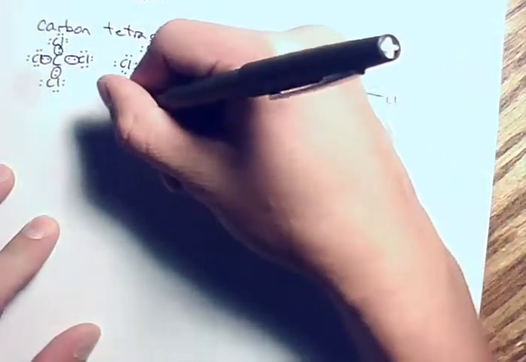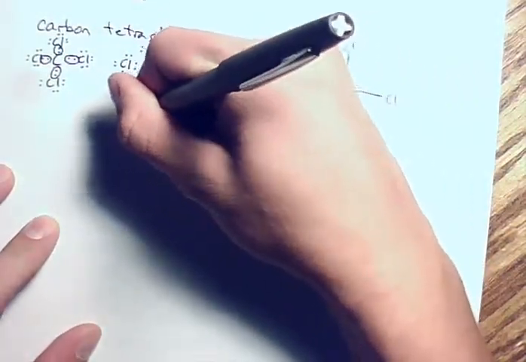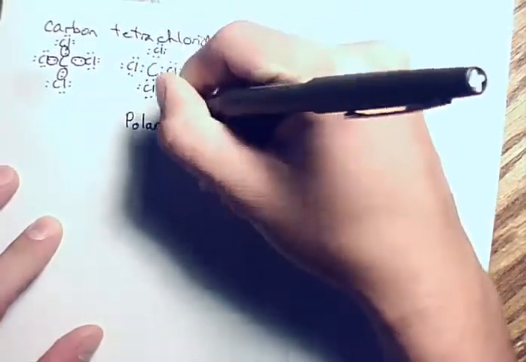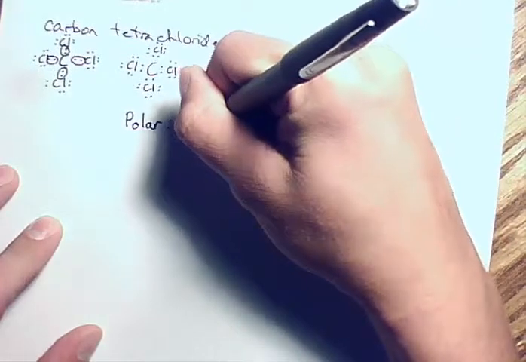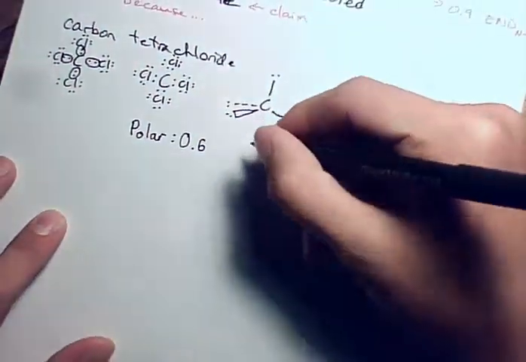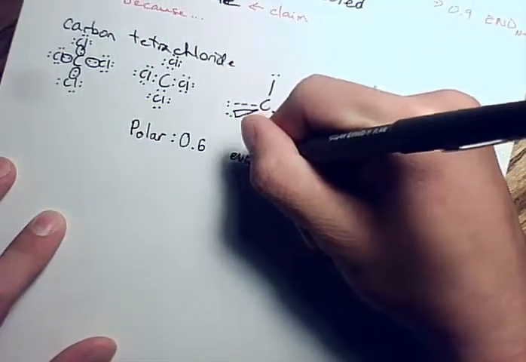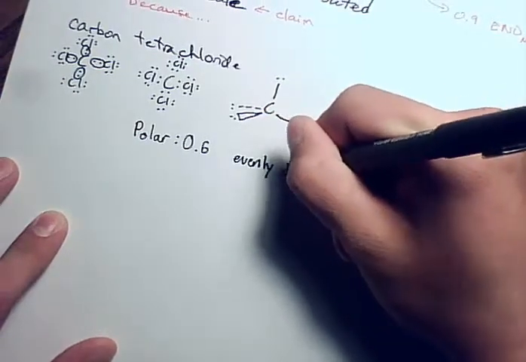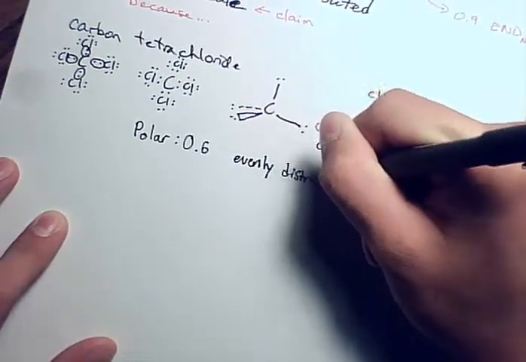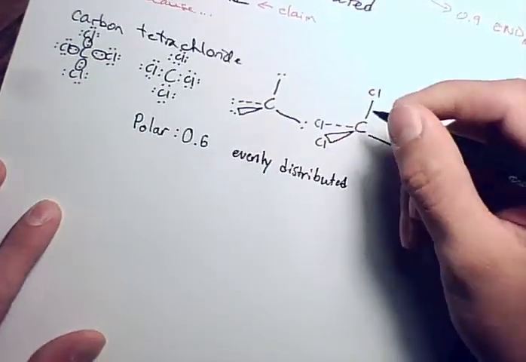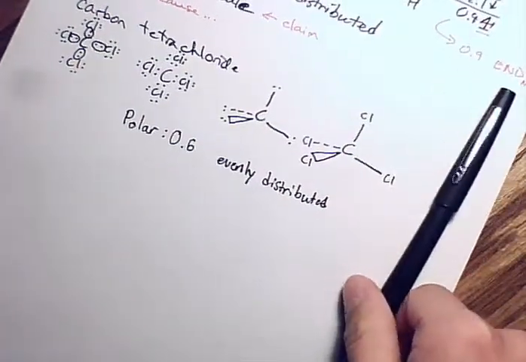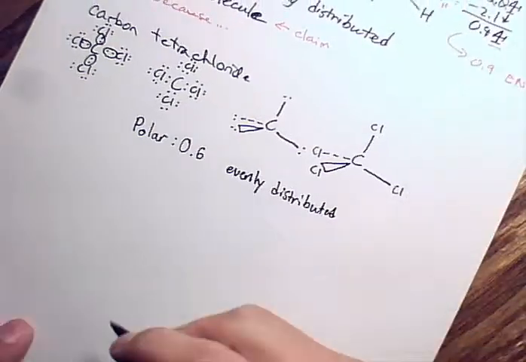Now we've got to figure out what your shape, what your claim and justification is. So there's no modified electron pair shape here because there were no lone pairs on that carbon. The carbon had no lone pairs. So you're saying these bonds have a 0.6 electronegativity difference? Where's your work to show that?